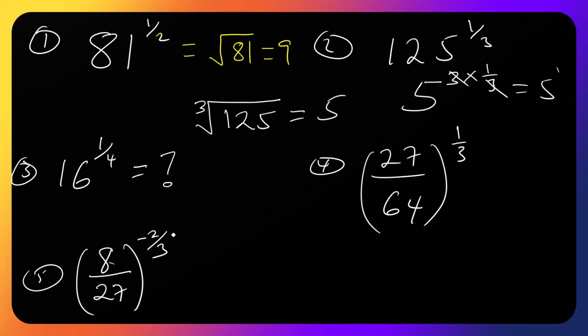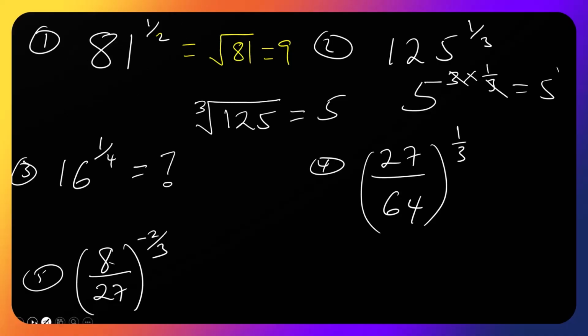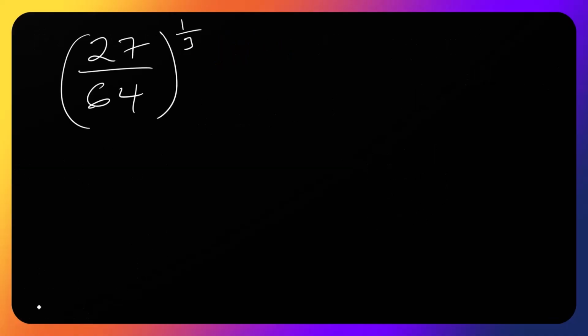Fraction, carrying fraction. Okay, so let's start with the fourth one. 27 on 64, to the power of 1 over 3. Now we have so many ways of solving this.